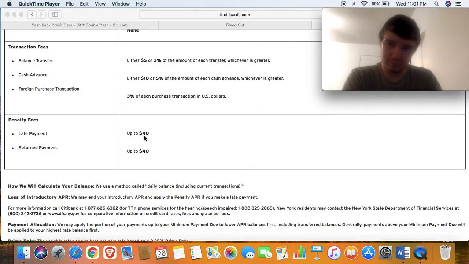So there you go. And return payment, we went over this. That just means that if a payment gets returned, they're going to sock you with, now they say up to, but the reality is they're going to sock you with the $40. So you're going to get hit with a $40 charge and the payment is going to be reversed.